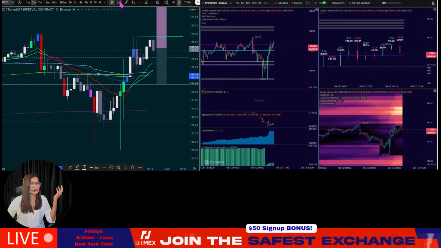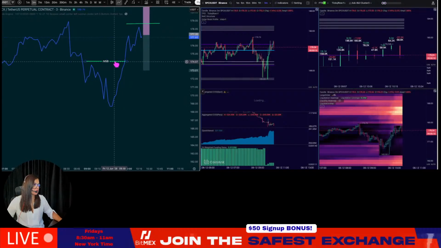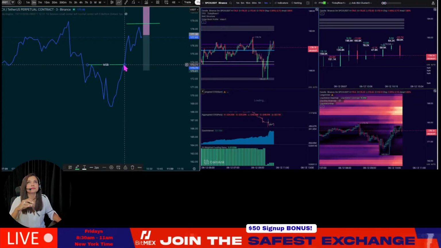A great way to see that as well is on the line chart. If you click on line chart in TradingView, I would have to turn off mine. Oh, here we go. That's a perfect MSB right there. You could even say that this over here is your MSB. Now, a lot of times we don't use the line chart, and it is there for a reason.